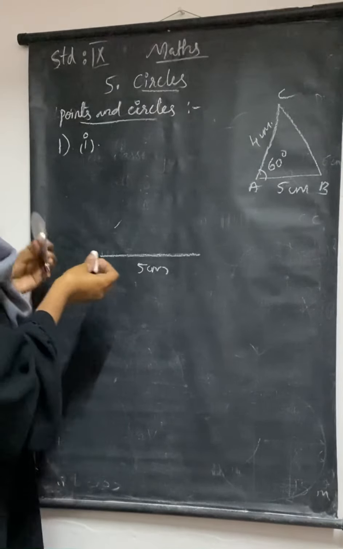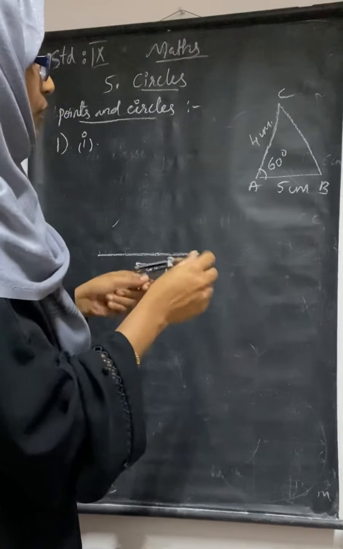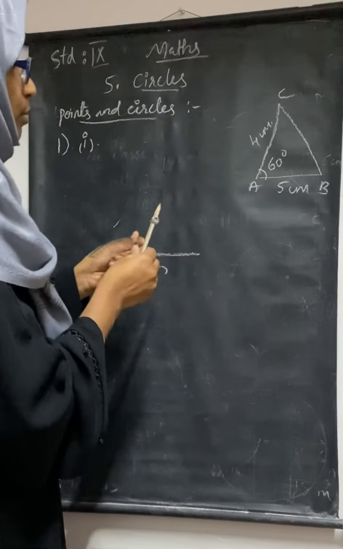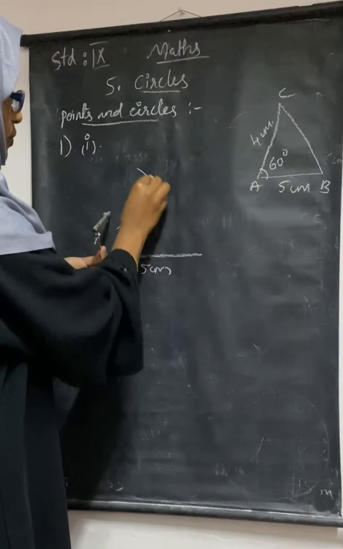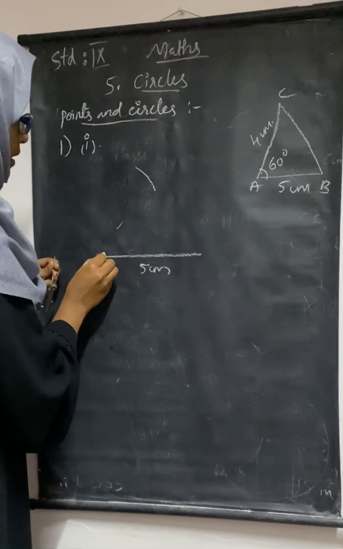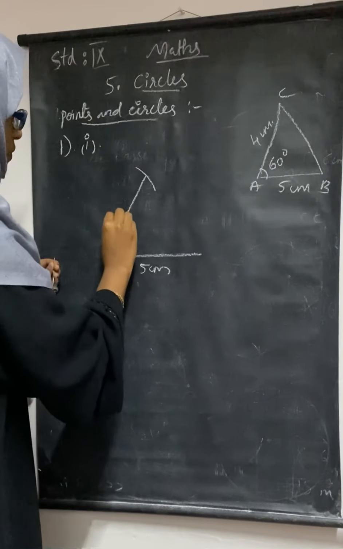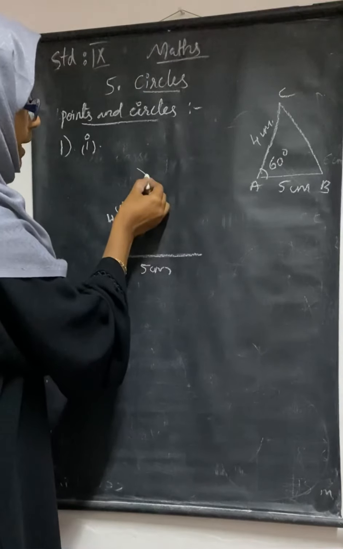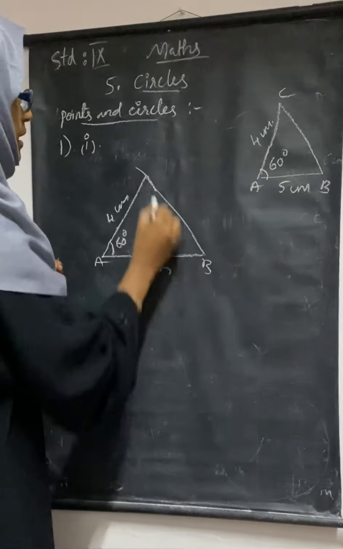So mark 60, and this side is 4 cm. You have to take 4 cm with the compass and mark that 4 cm somewhere here, through the 60 mark, and draw the arc. So this is 4 and this is 60 degree. Then you don't know the third line, so just join the line. Then you got A, B, C like this.